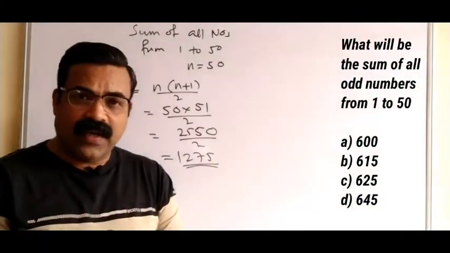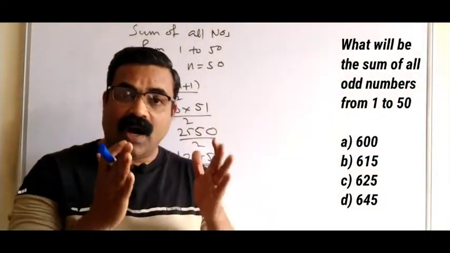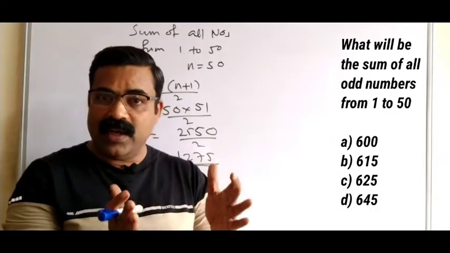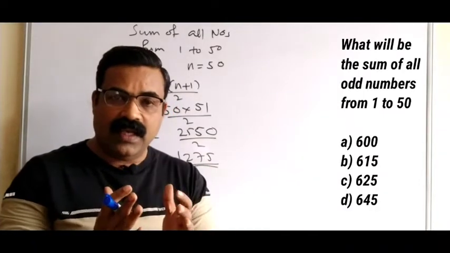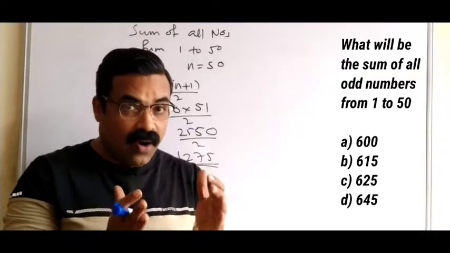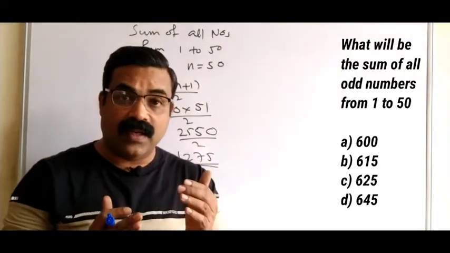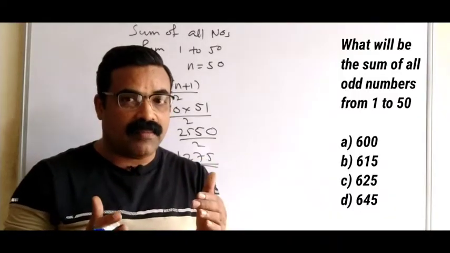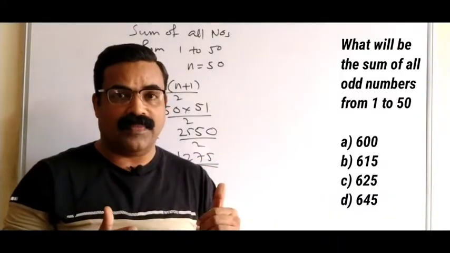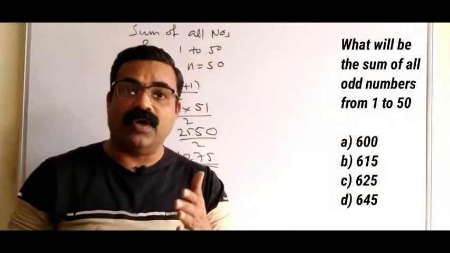So what we have seen is how to find the sum of odd numbers only. We have seen how to find the sum of all even numbers between two given numbers. And we have also seen how to find the sum of all numbers from 1 to a given number. This particular question is 1 to 50.